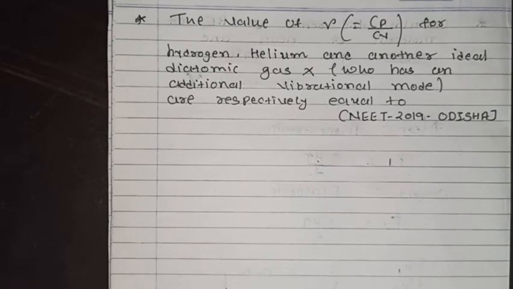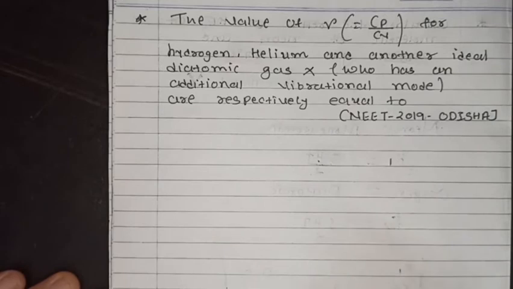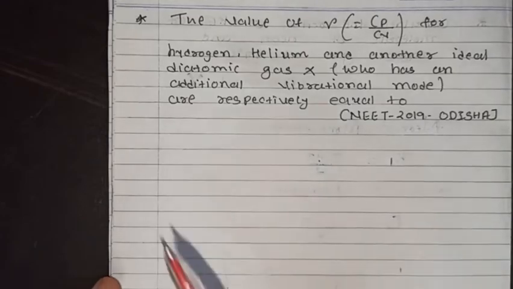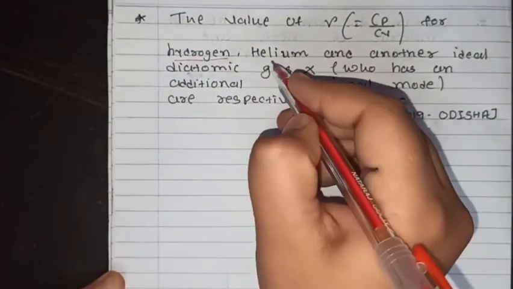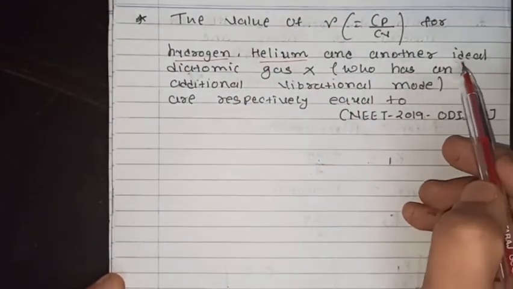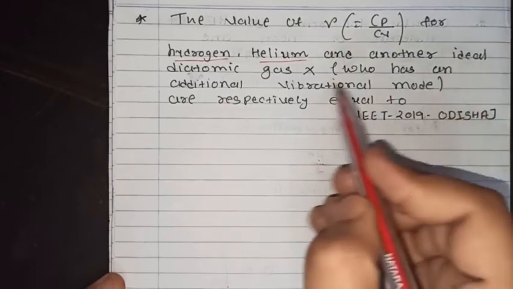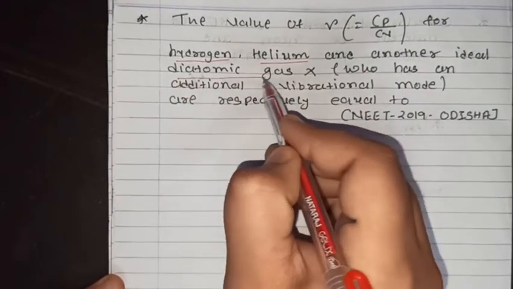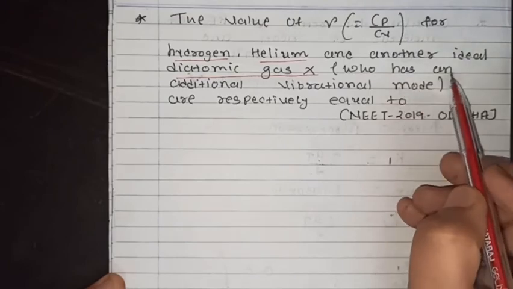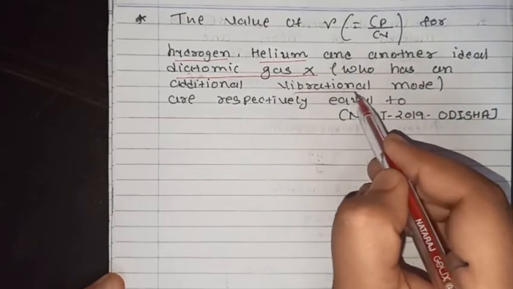In this question we want to find the value of gamma, that is Cp by Cv, for 3 ideal gases. One is hydrogen, one is helium, and another is an unknown gas, diatomic gas X, but it has an additional vibrational mode.